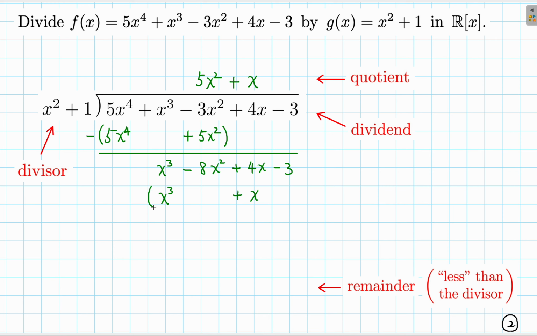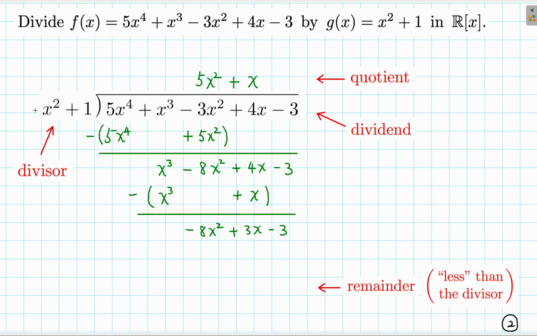And now we can subtract again. And so get a horizontal line once again. So the leading terms cancel each other out, and we have minus 8x squared, 4x minus x, so that's plus 3x. And then let's bring down the minus 3.